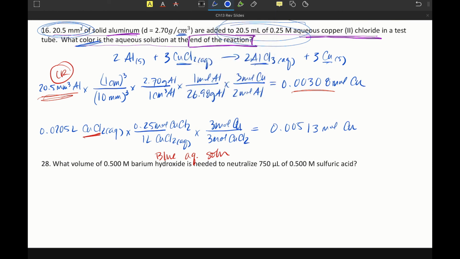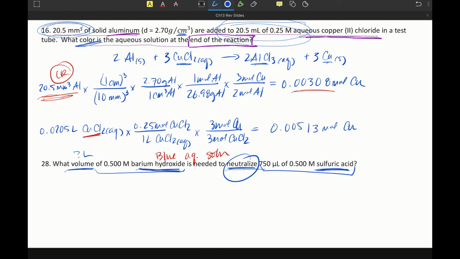All right, next up, what volume of this solution is needed to neutralize this? First of all, looking for clues, you might see volumes and molarities, and you might want to do M1V1 equals M2V2. But then you'll say, oh, keyword, neutralize. That's a type of chemical reaction. This is talking about sulfuric acid and barium hydroxide.